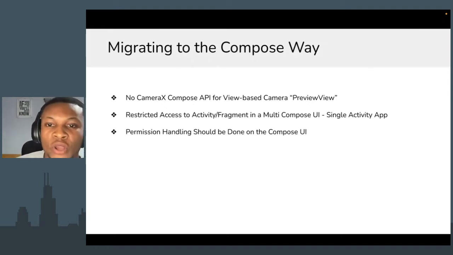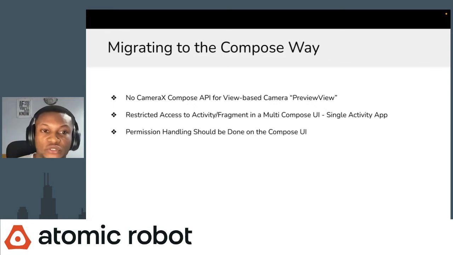In an ideal world, we would reference the view-based preview, and then attach that to the camera provider. But in the Compose world, there is no Compose API for preview view. So that is number one, a limitation, and we're going to address that.